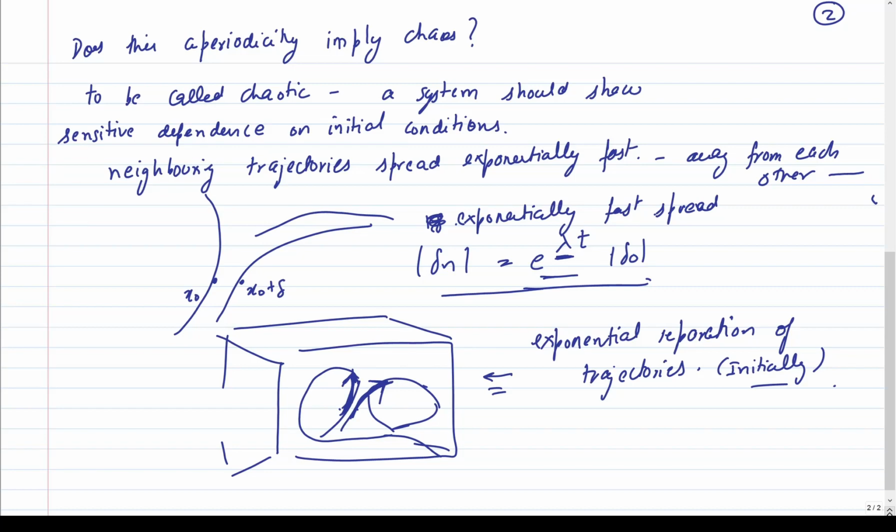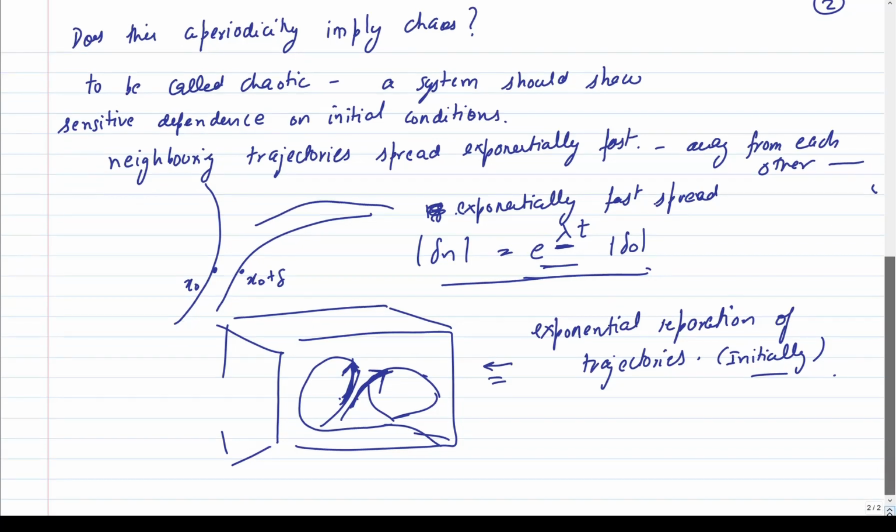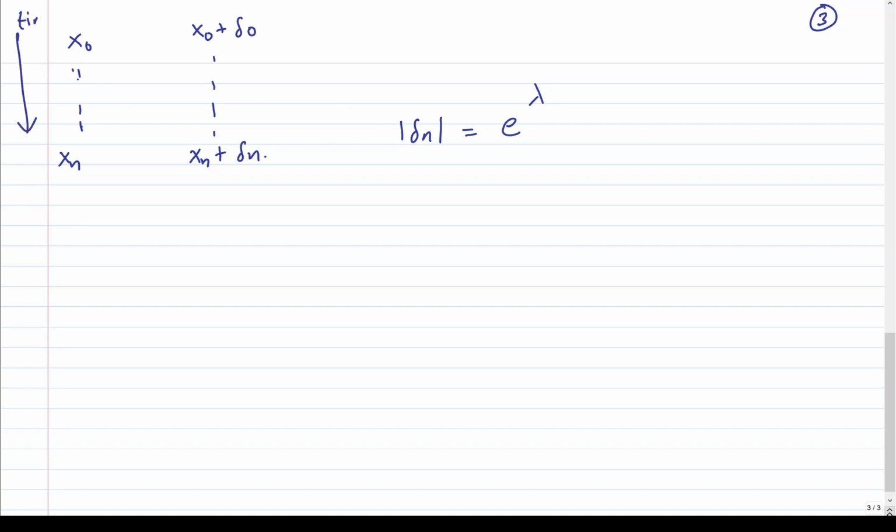So how do we quantify this thing? Let's take the example of discrete maps. I have, let's say, two trajectories, and I iterate them to n time steps. This becomes this, and this is what my separation looks like. Now time is discrete, so this is how many times I am iterating the map.